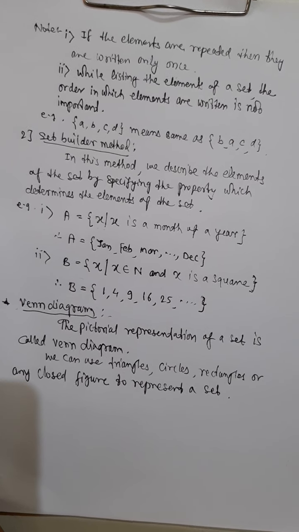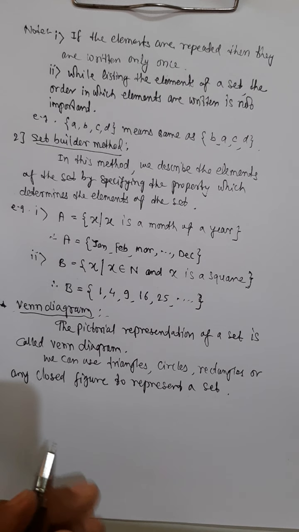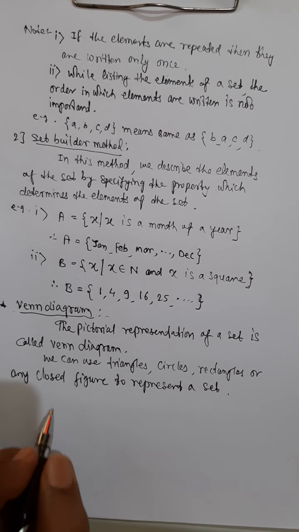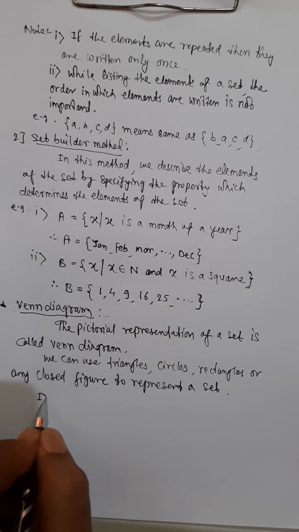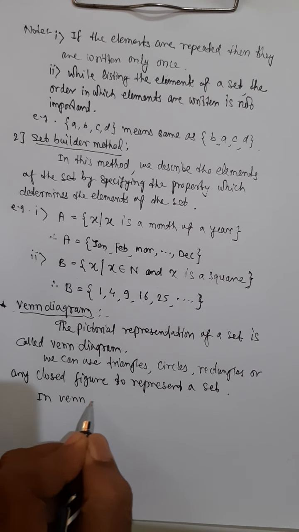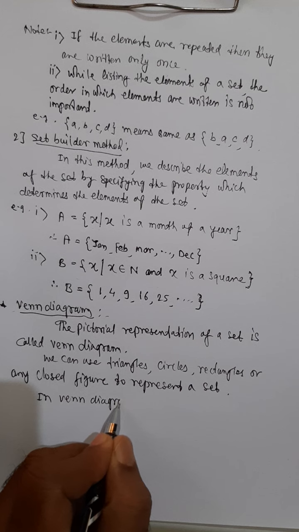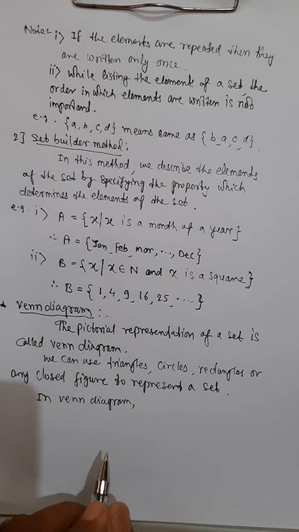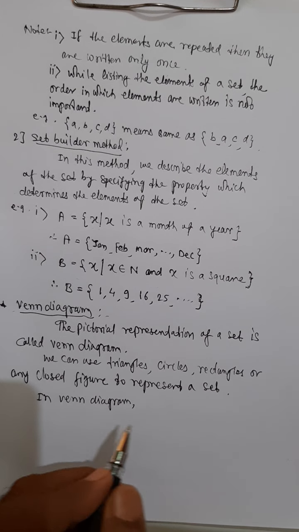In a Venn diagram, the elements of the sets are shown as points.